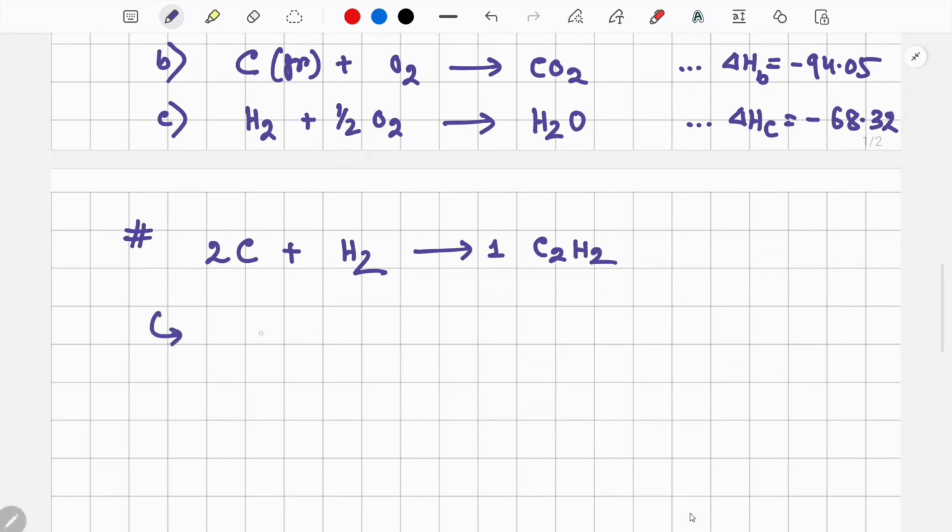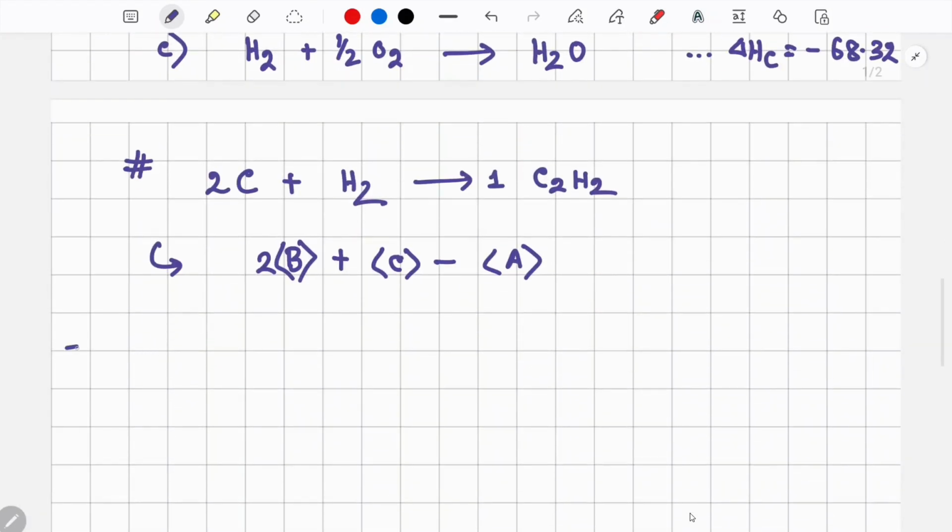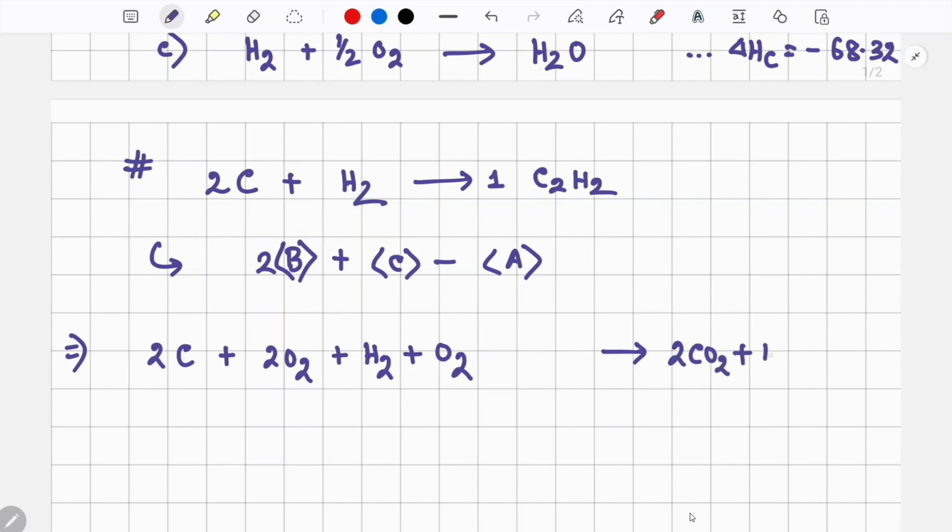So it will be 2B plus C minus A. 2B means 2 carbon plus 2O2 plus H2 plus O2, and here it will be 2 CO2 plus H2O, and you have to minus A, that means you have to consider the reverse reaction.